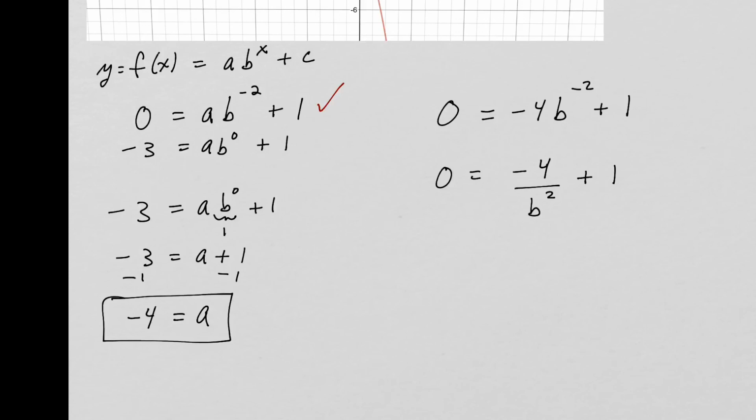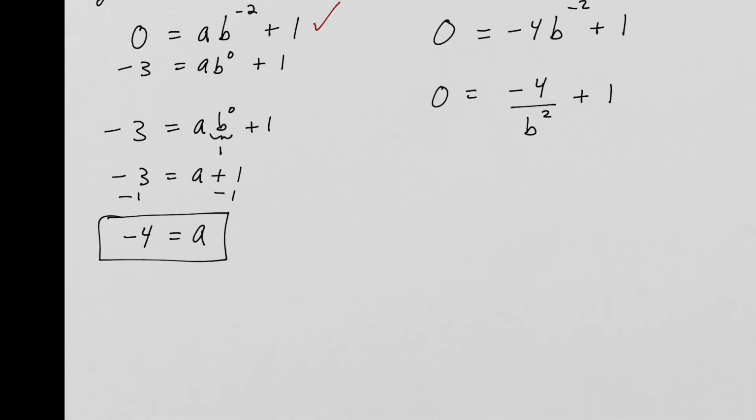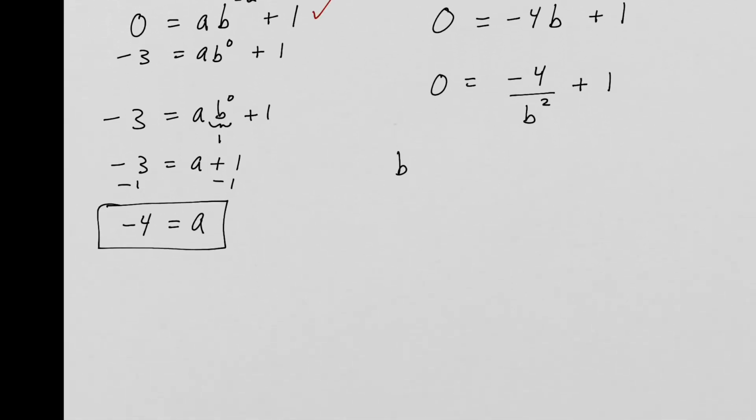So then I could solve this for b, right? There's a couple of ways you could do this. Let me just multiply everything by b squared just to clear out the fractions. So I have b squared times 0, and on the right hand side I have b squared times negative 4 over b squared plus 1. So I have to distribute in that b squared.